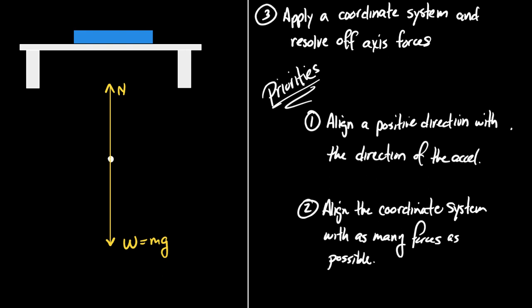Every year I see people do this, and every year, I get very, very sad. So, if you're making your X direction this way, your Y direction has to be perpendicular to it. This system isn't accelerating, so I can align my coordinate system in such a way as to be aligned with as many forces as possible. It would make the most sense then to align it like that.